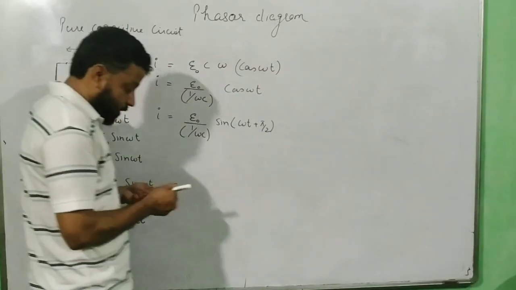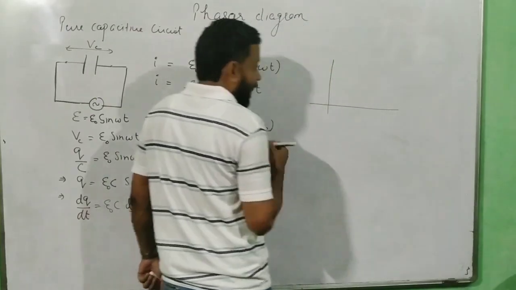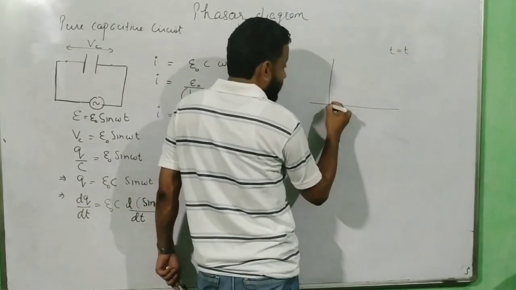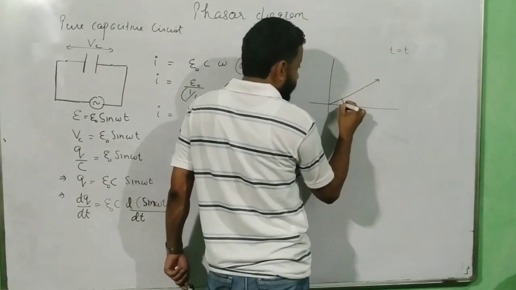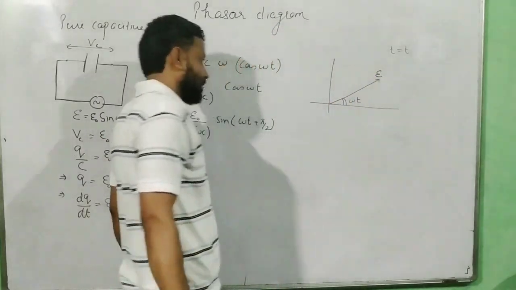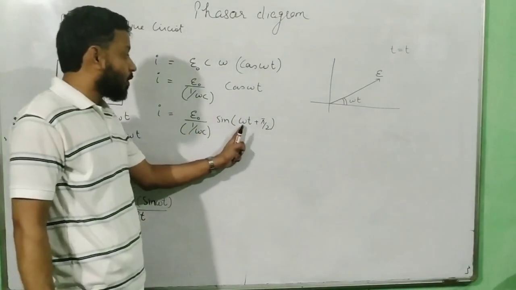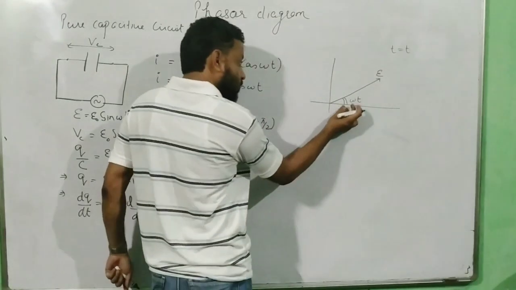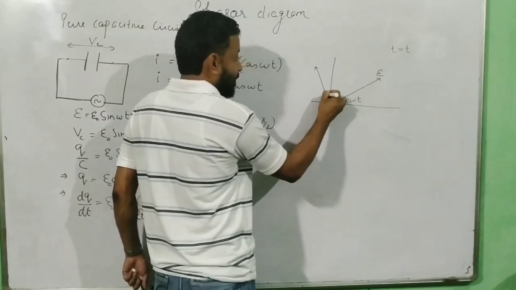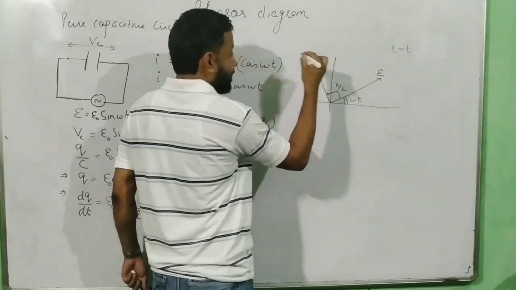So if I have to plot a phasor diagram at any instant of time t, if I consider my EMF having a phase of omega t as EMF E, then my current will have a phase of omega t plus pi by 2. So it has omega t and then you have to add pi by 2 to it. This is pi by 2, and this is my current I.